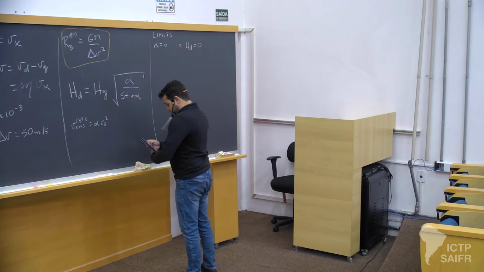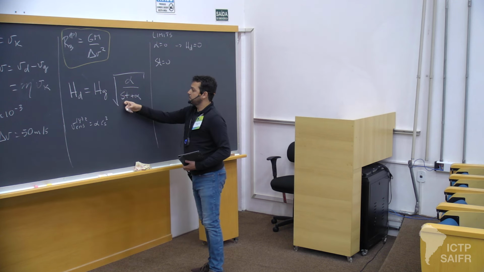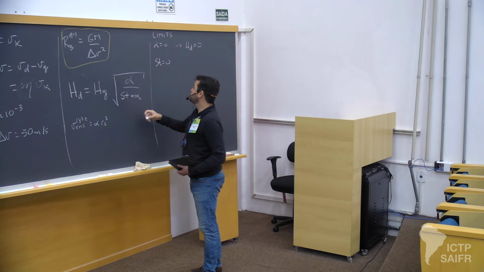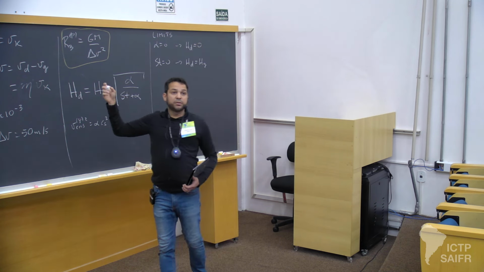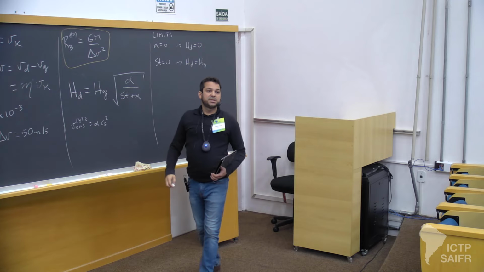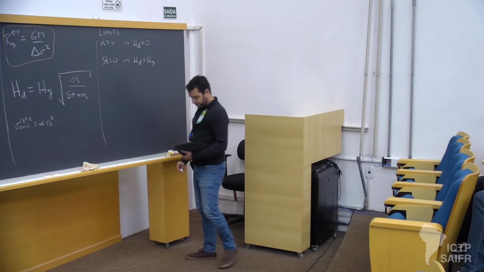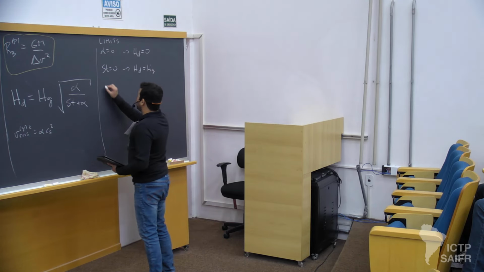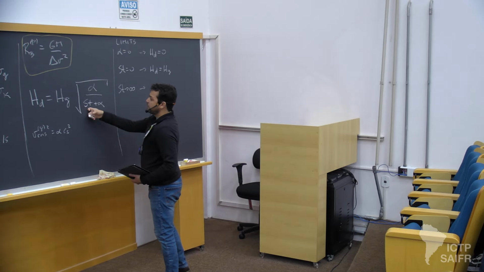What would happen for the other limit? For Stokes number equals 0, this is going to be 0, so this is going to give you 1. That means the scale height is just the scale height of the gas. Very small dust grains do not settle down at all; they are just mixed with the gas. Another limit is Stokes number infinity.